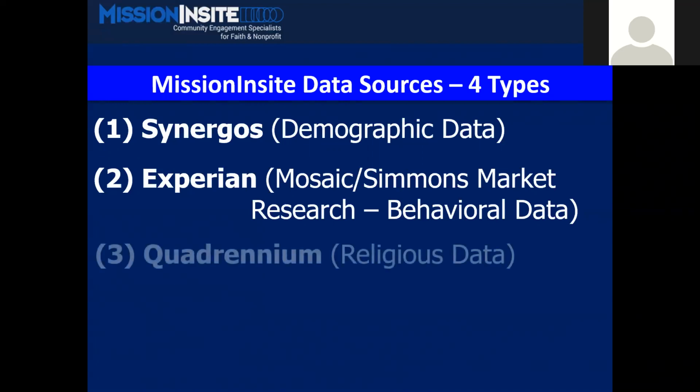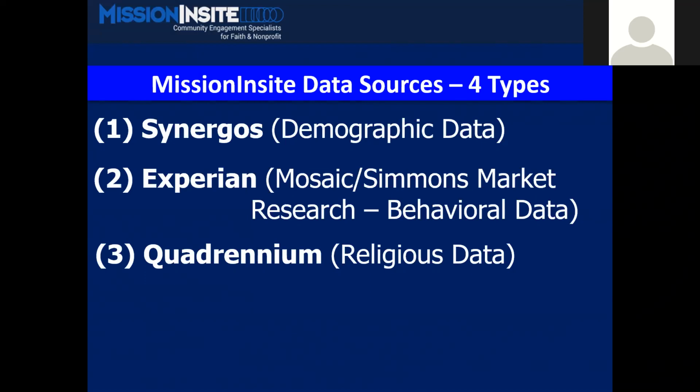So again, if you have questions going forward, there's data on the website. I'll show you the help area to answer a lot of the questions that you may have regarding the data sets. The third database is a religious database we call the Project Quadrennium. There are 2 sets of reports on your study.